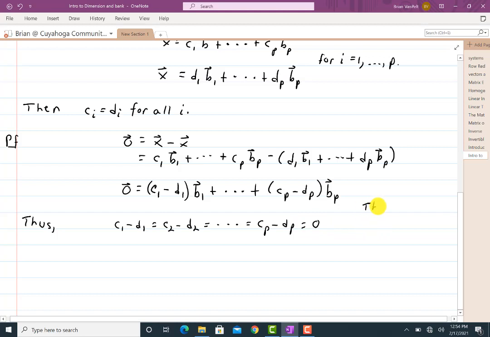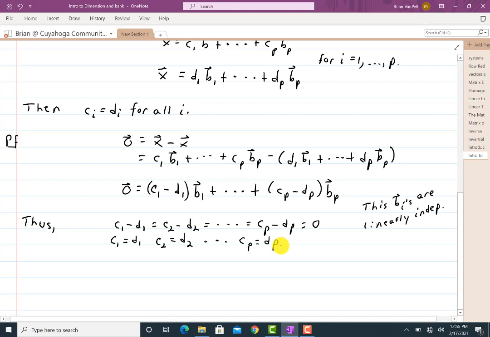So let's just write this somewhere. The Bi's are linearly independent. That's part of what being a basis is. All right, so then of course this means that C1 equals D1, C2 equals D2, dot dot dot CP equals DP. So we only have one way.